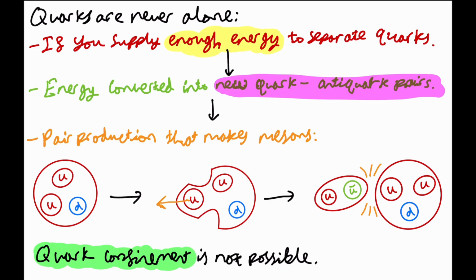So you can't really separate quarks by themselves, because they're just going to keep producing pairs, so they're never alone. So quark confinement is not possible because of this.